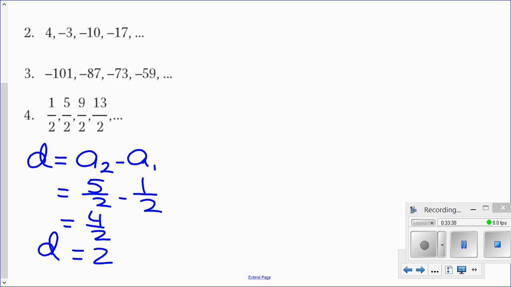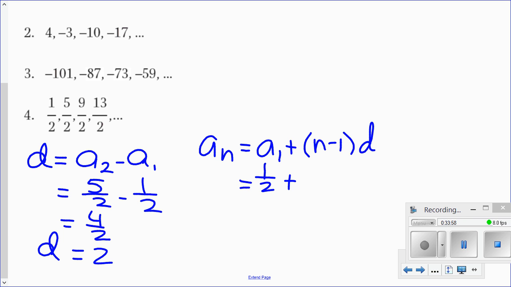Now we go to our explicit form. A sub n equals A sub 1 plus n minus 1 times d. What's our A sub 1 here? So we're starting at 1/2, plus n minus 1 times 2.